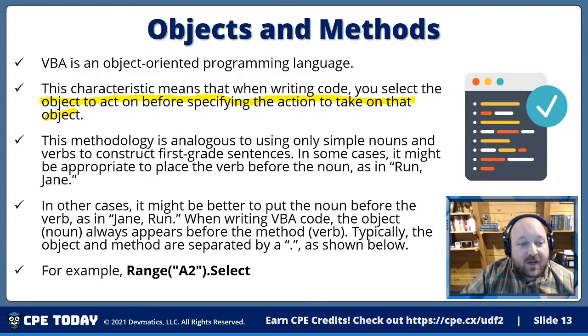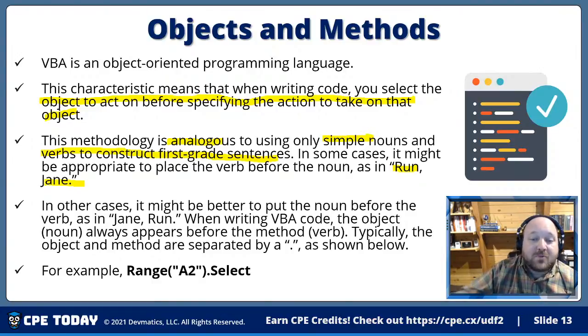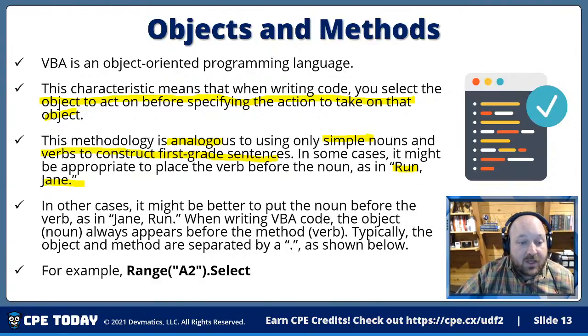Now, this methodology is very analogous to using simple nouns and verbs to construct first-grade sentences. And in some cases, it might be appropriate to place the verb before the noun, as in, for example, "run Jane." In this instance, we're saying, hey, the action I want is run. The object I want to do it with is Jane.